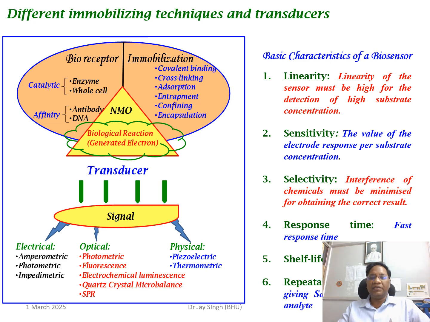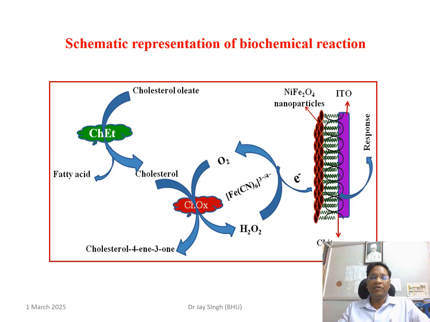So there are some basic parameters, or basic fundamental characteristics, of a biosensor. The ideal biosensor should be linear, highly sensitive, selective, with fast response time, and repeatability should be high. So here we can show the schematic representation of an electrochemical cholesterol biosensor.